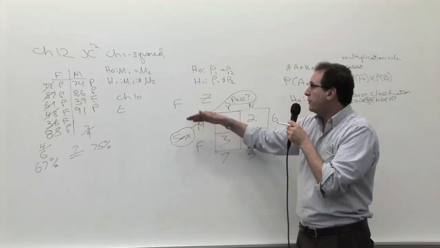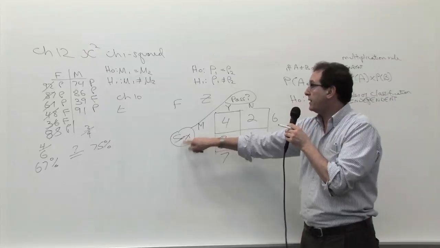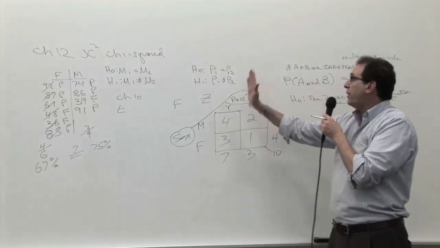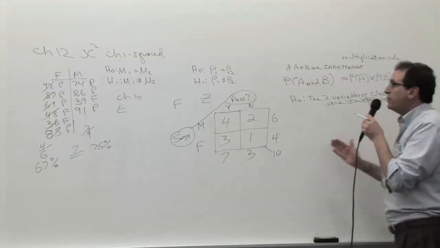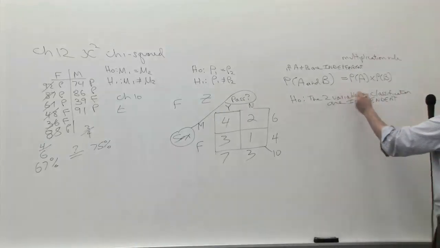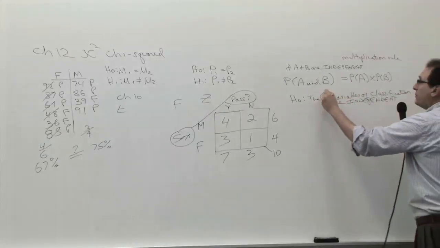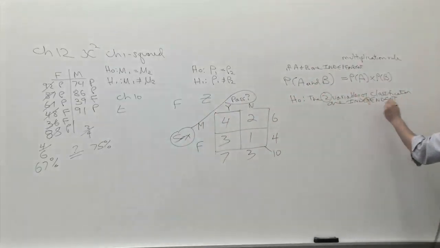It's still a variable of classification according to somebody's race, or in this case, according to somebody's sex. And the other variable is also just classifying: pass, fail, or yes, no, maybe, just some classification. What kind of car do you drive? A Honda, GM, Ford. You're just classifying people. So we call them the 2 variables of classification, and there are always 2 of them, one along the rows and one along the columns. The null hypothesis is that they are independent.